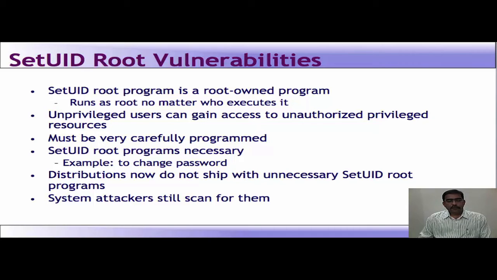If a setUID root program can be exploited or abused in any way, for example via a buffer overflow or a race condition, then an unprivileged user can gain access to unauthorized privileged resources.